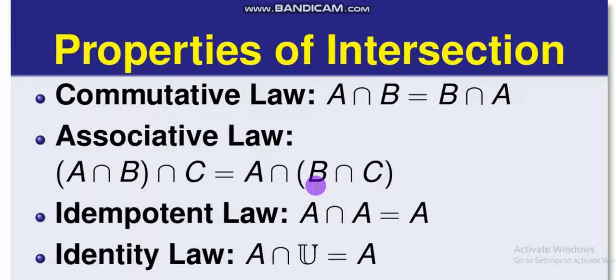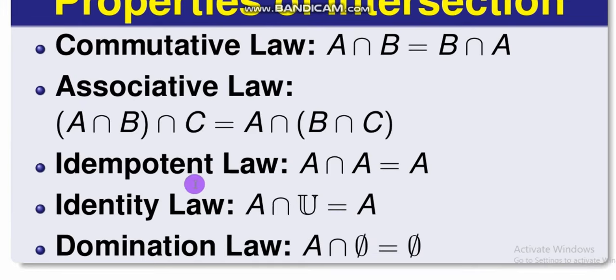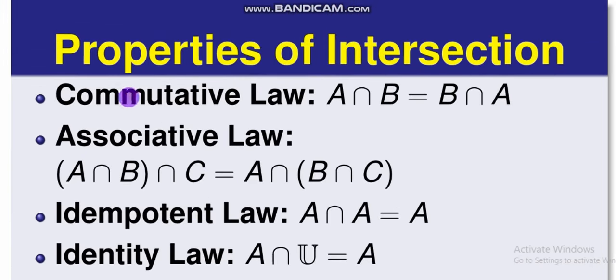Okay, you can see that some of the properties of union are also the properties of intersection. Commutative law. A intersection B is the same as B intersection A. The order is not important, whether you start with A, then B, or B, then A, that will not change the result.